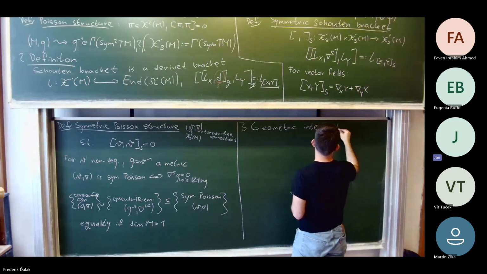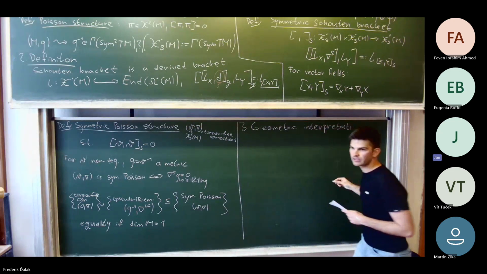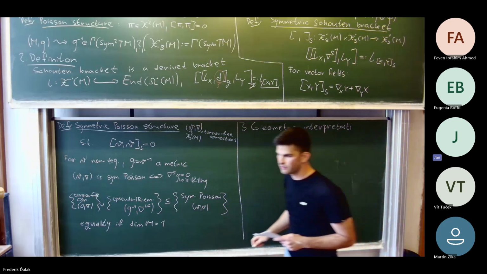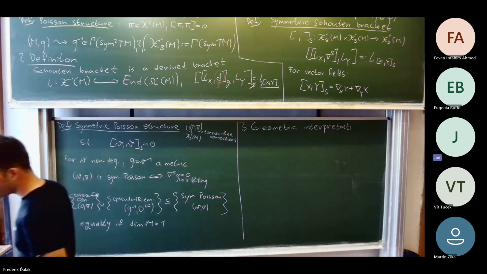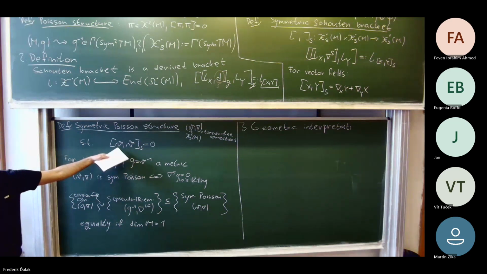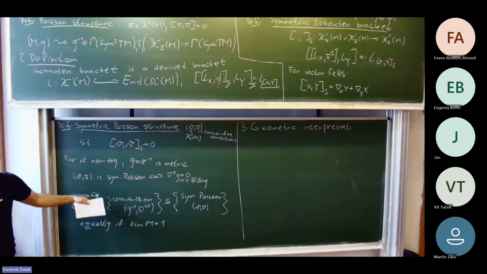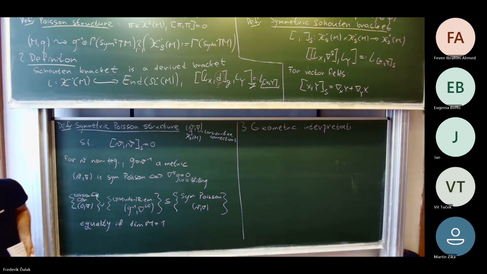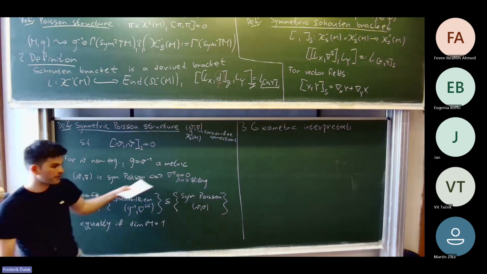I would still like to ask, if you are given a symmetric Poisson structure, can you recognize that it comes from a pseudo-Riemannian metric in some intrinsic way instead of just inverting? Okay, so I start with some theta and nabla, and try to recognize whether it's coming from a pseudo-Riemannian metric. Well, if it's non-degenerate, then it's coming from a pseudo-Riemannian metric. What about the connection? The connection is canonical.